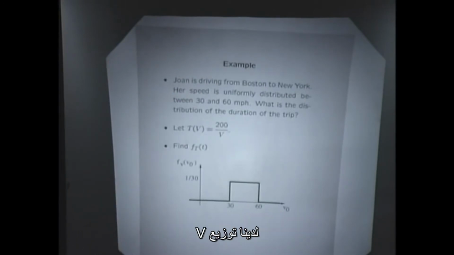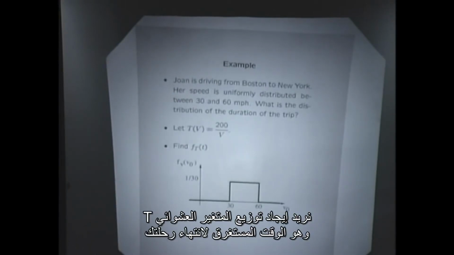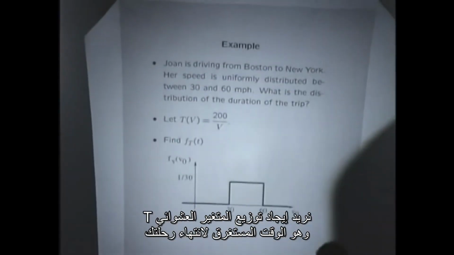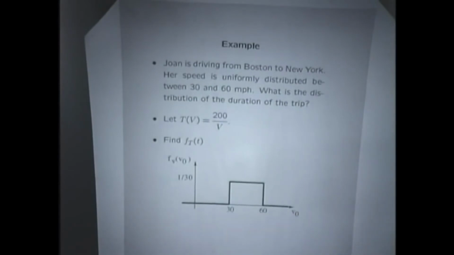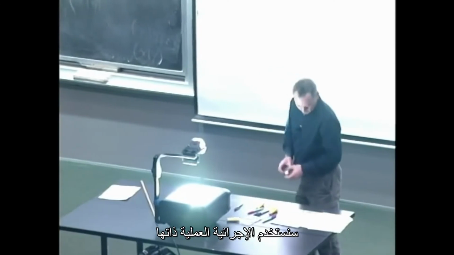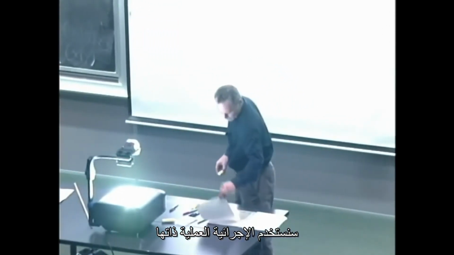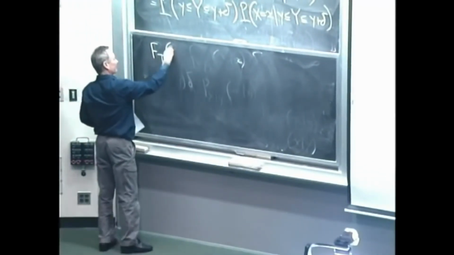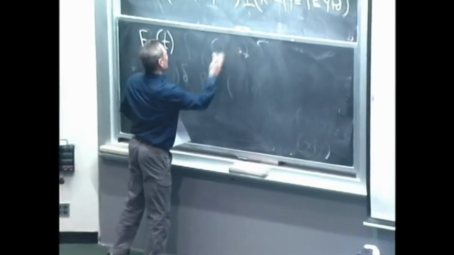So we have the distribution of v. We want to find the distribution of the random variable capital T, which is the time it takes until your trip ends. Okay. So how are we going to proceed? Well, we'll use the exact same cookbook procedure. We're going to start by finding the cumulative distribution of T. What is this?